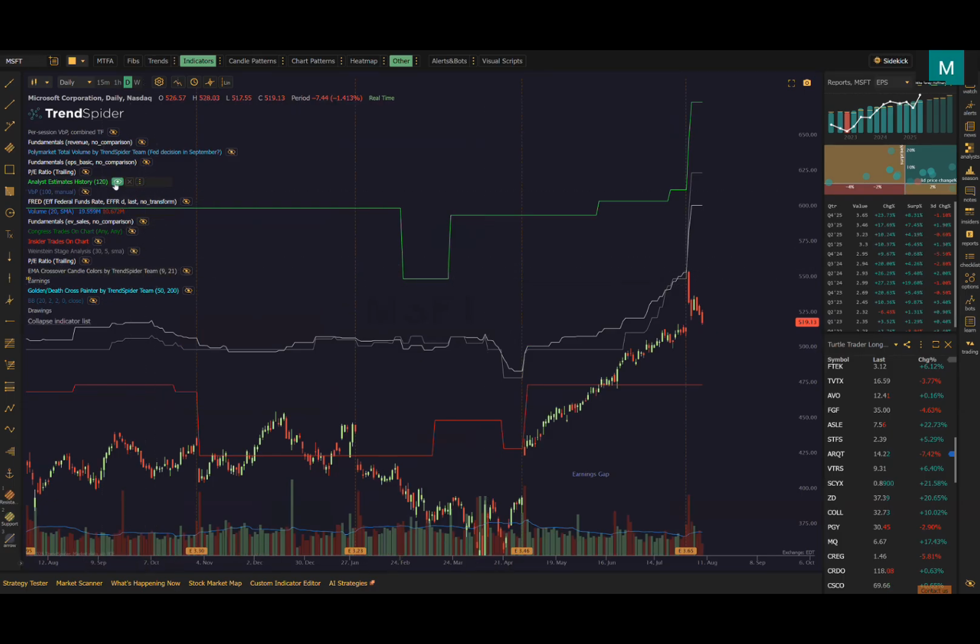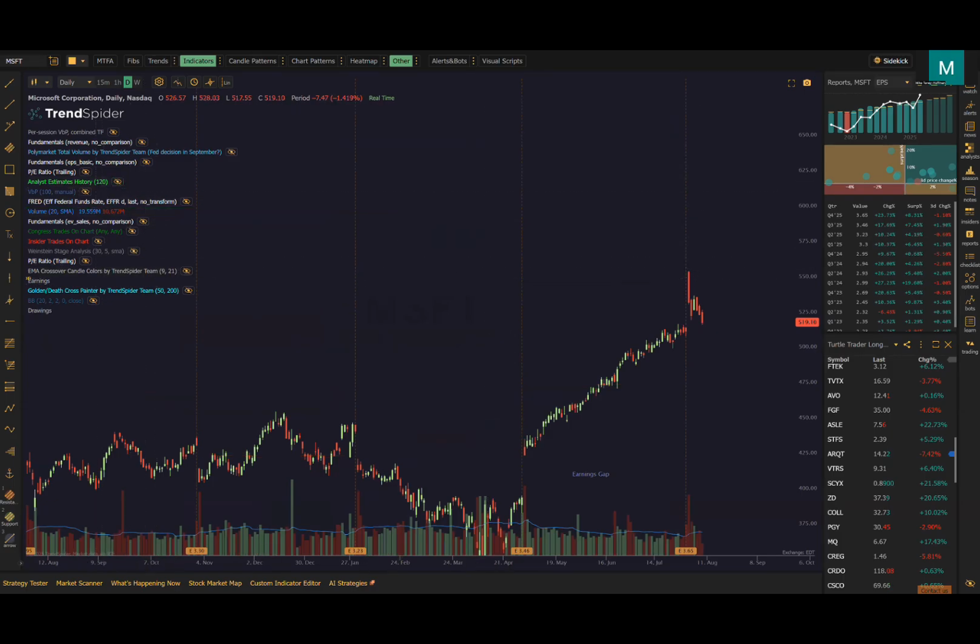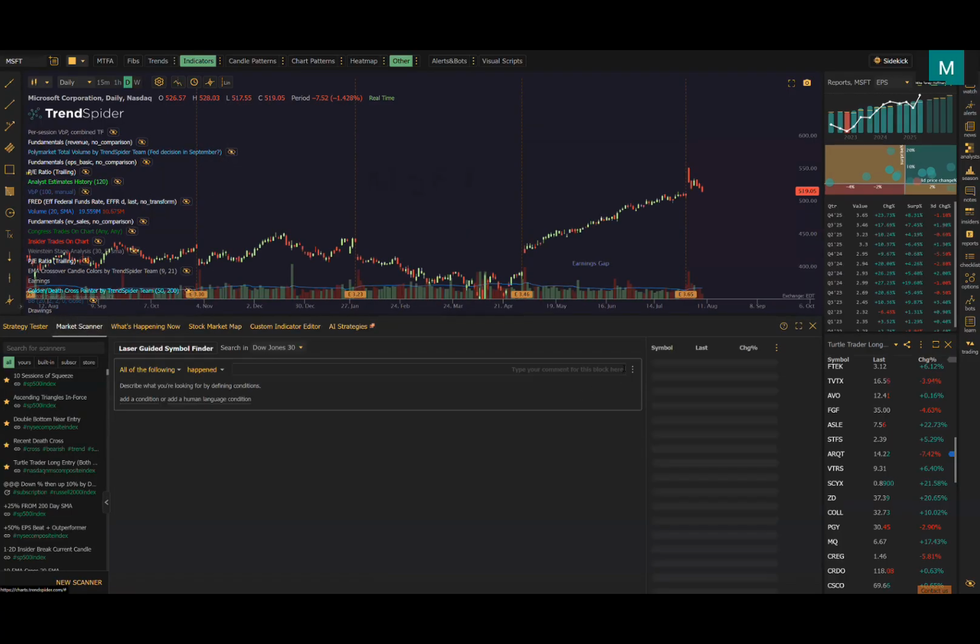All right, so moving on, I wanted to dig a little bit more into the market scanners because honestly, the market scanner is probably one of the best things that we have. It's one of my favorite things that I use all the time just because it's so customizable. You don't need to know how to code anything.